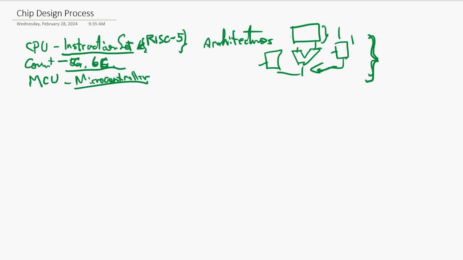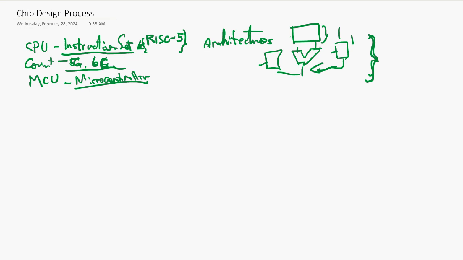Architecture is the most important thing to determine the performance of the CPU. If the chip's objective is met or not depends on the architect.